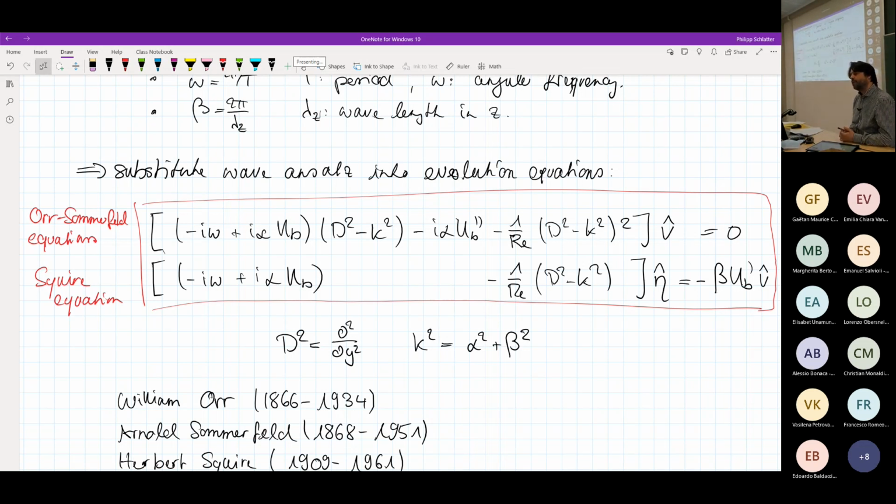There is a reason why the Squire equations are maybe not as important as the Orr-Sommerfeld equations, and the reason is that they are forced from the V equation. It actually turns out that any instability must come from the Orr-Sommerfeld equations.